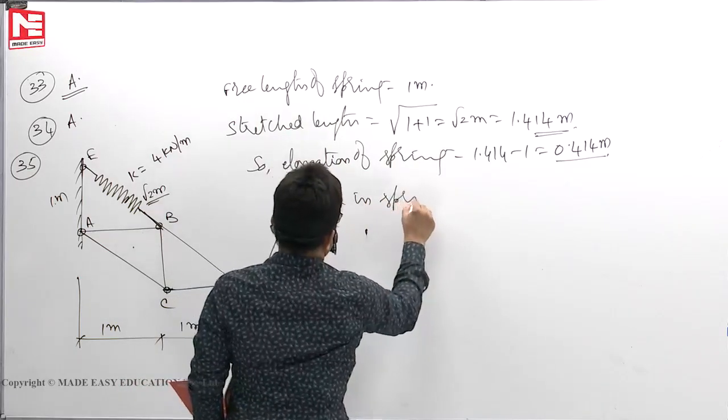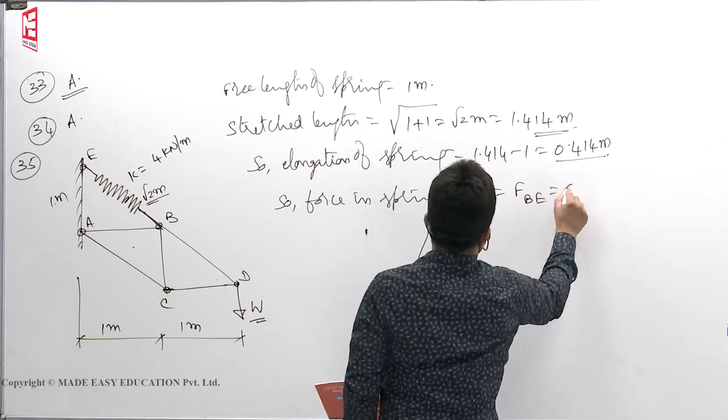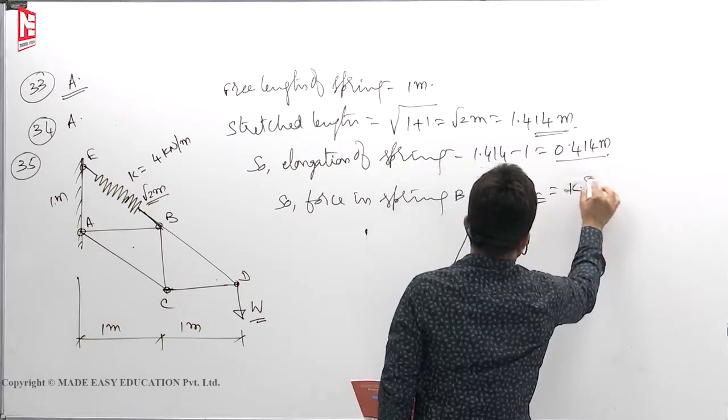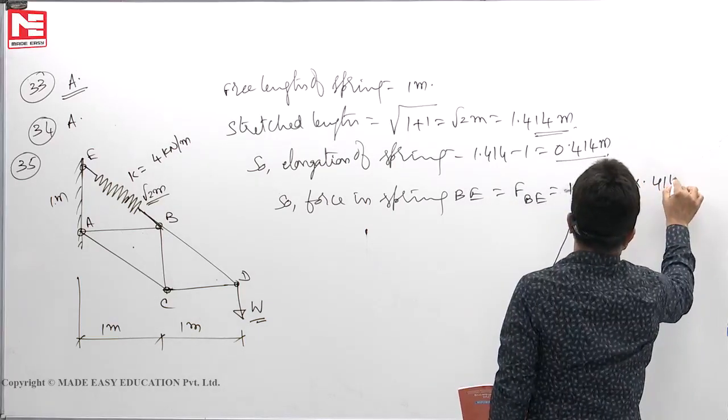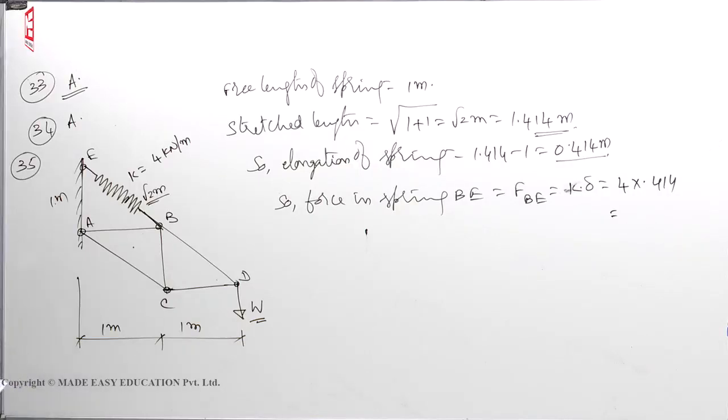Force in spring BE, let us call it FBE, is K into delta, 4 into 0.414, you will get 1.656.